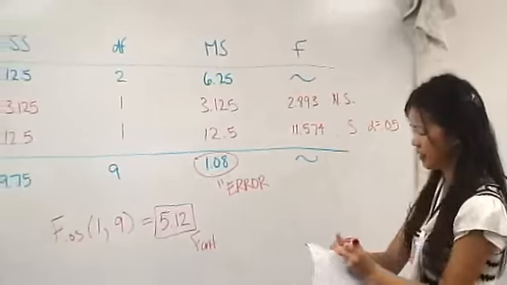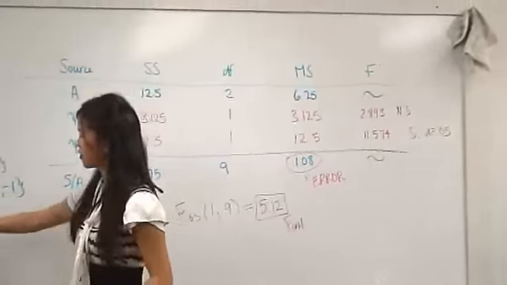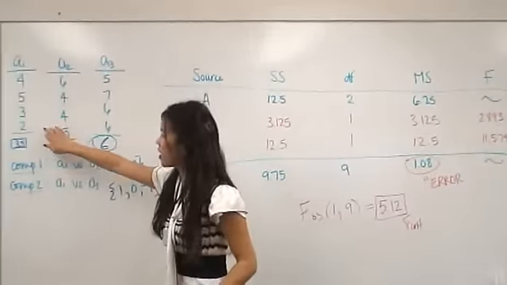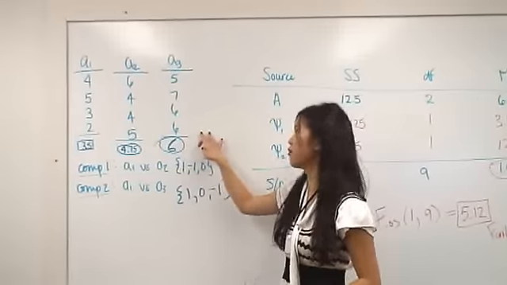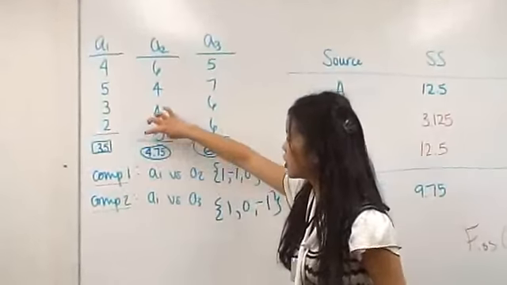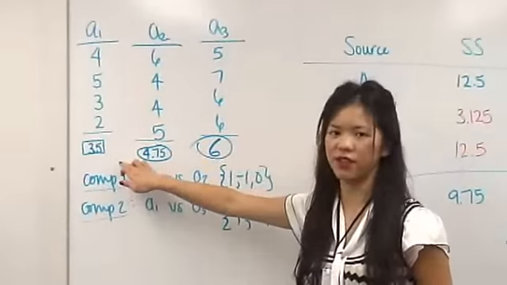That means, since our comparison 2 was A1 versus A3, that our A1 and A3 groups significantly differ at the 0.05 level, but our A1 and A2 groups do not significantly differ.